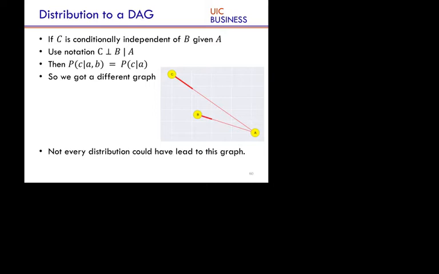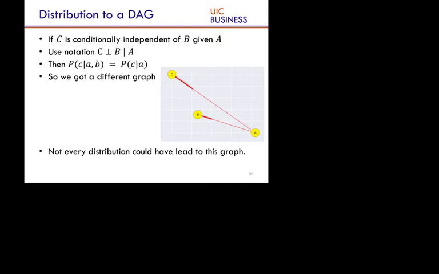No matter whether B has occurred or what value random variable B has taken, it doesn't influence the probability of C, for any of the C values that we can take. So that's what we have used here. So probability of C given A comma B is probability of C given A. If this is the term that we replace in that factorization, then I can get rid of one of the edges, the edge from B to C.